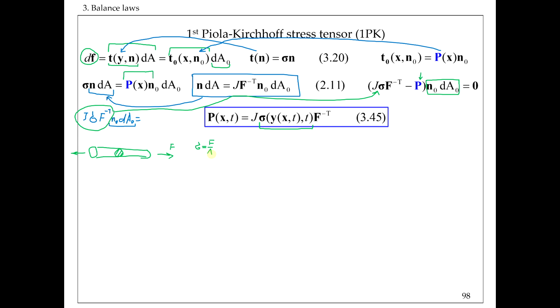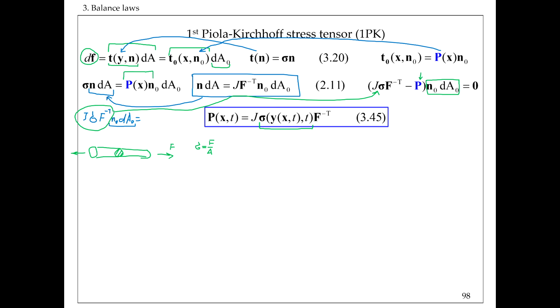But in large deformation you will see that the area actually has changed, so you will need to account for that.